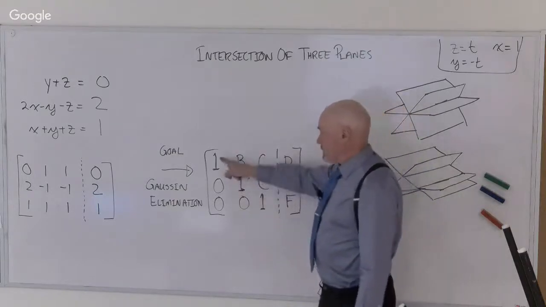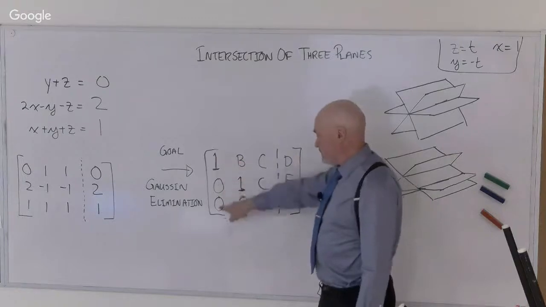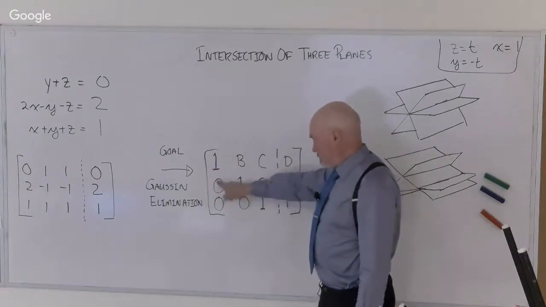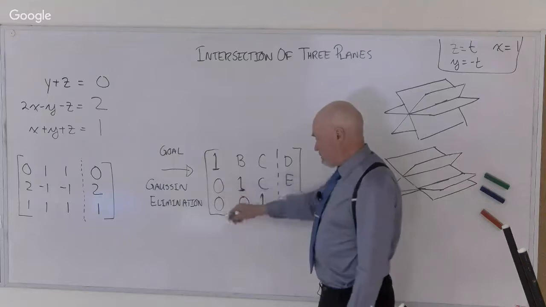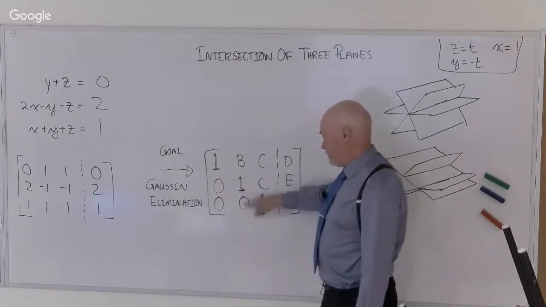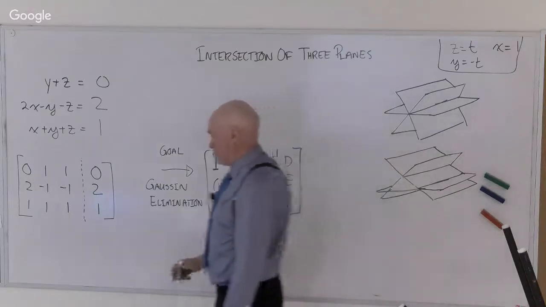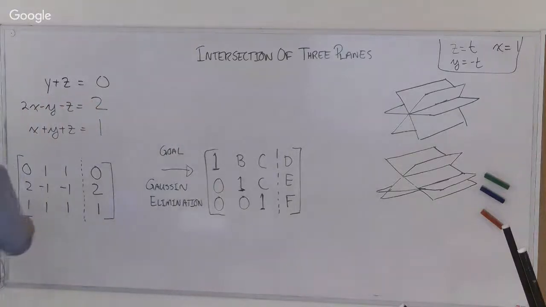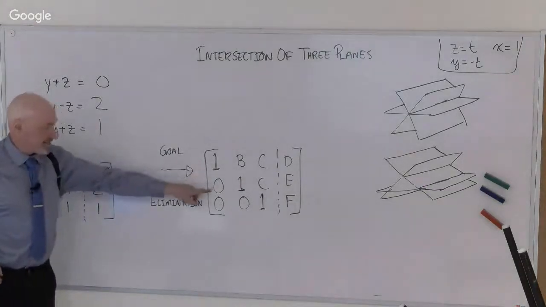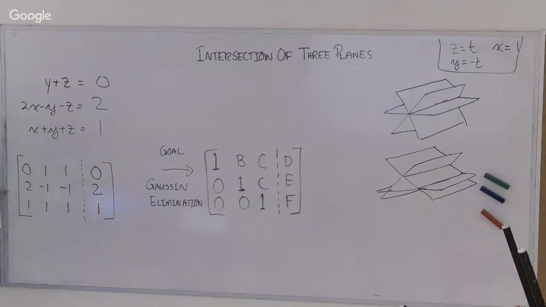I also like to have a 1 here so that I can eliminate the X in these rows a little bit easier, and I want to have a 1 here so I can eliminate the Y a little bit easier. Okay, I've turned this system into a matrix. Really, I want a 1 up here, and I'd like to have a 0 there because it's handy, and so we are handily starting off with a line that's got a 1 in the first position.